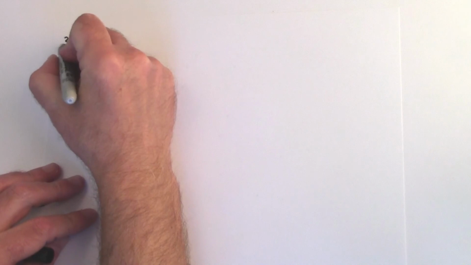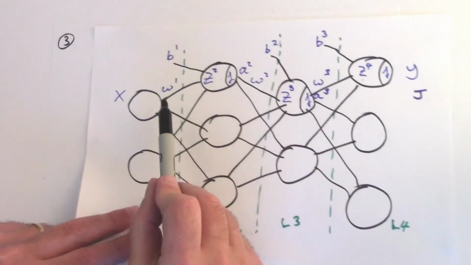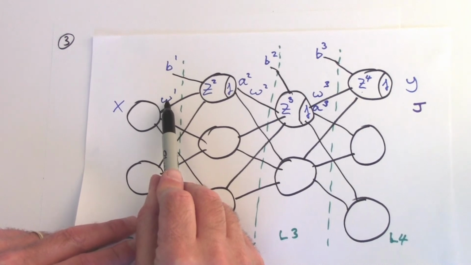Okay, so our third step now. If we go back to our neural network here, let's find what effect on J contributes from W1.